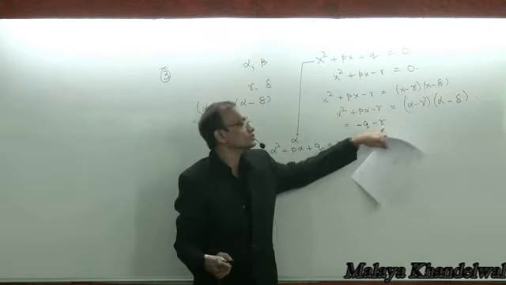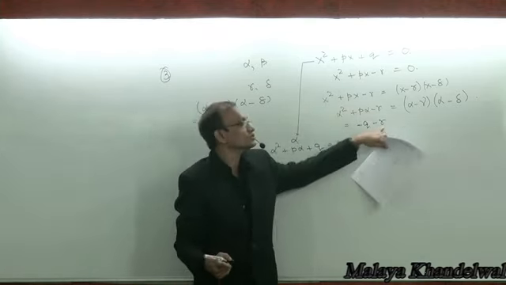Very clearly, 4 times alpha beta is alpha plus beta whole squared minus alpha minus beta whole squared. That's 4 times alpha beta, right? Which means it's 9 minus 16, that is minus 7. Alpha minus beta whole squared is 16, alpha plus beta squared is 9, so that's minus 7, right?